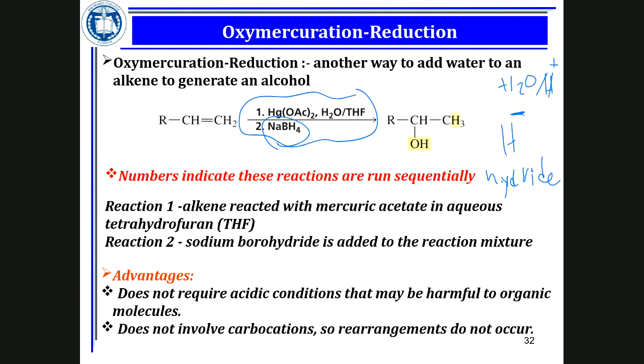And if you can add hydride to a carbon, basically you have reduced that carbon. In organic chemistry, oxidation means adding oxygen, reduction means adding hydrogen. So sodium borohydride is a reducing agent because it can add hydride. So it must add either H2, 2 hydrogens, or add H with a negative charge.